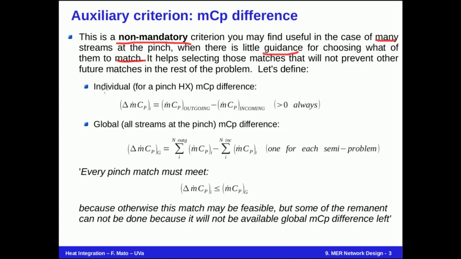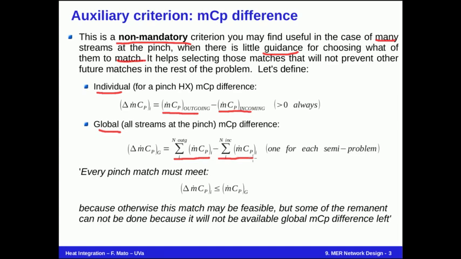Let's define a couple of concepts, individual and global MCP differences. Individual is the MCP of the outgoing stream leaving the pinch minus the MCP of the incoming stream, those arriving to the pinch. This must always be greater than zero. And the global is the summation of all outgoing minus all incoming.